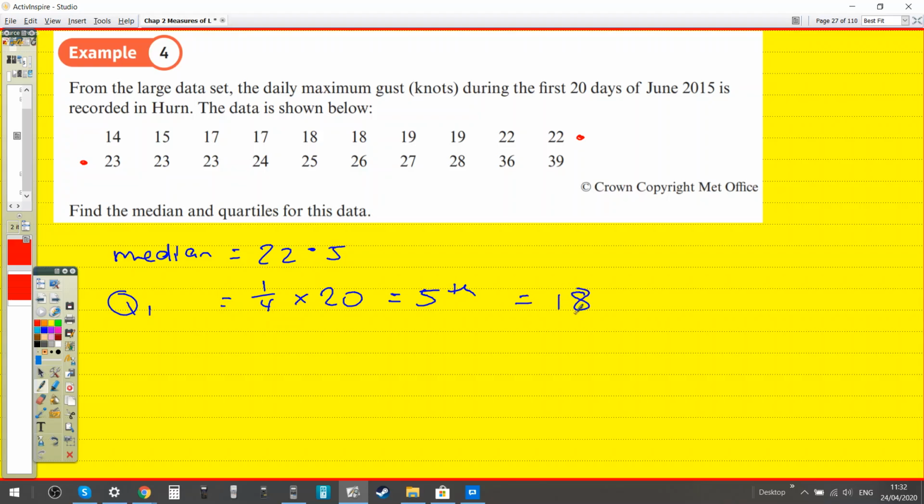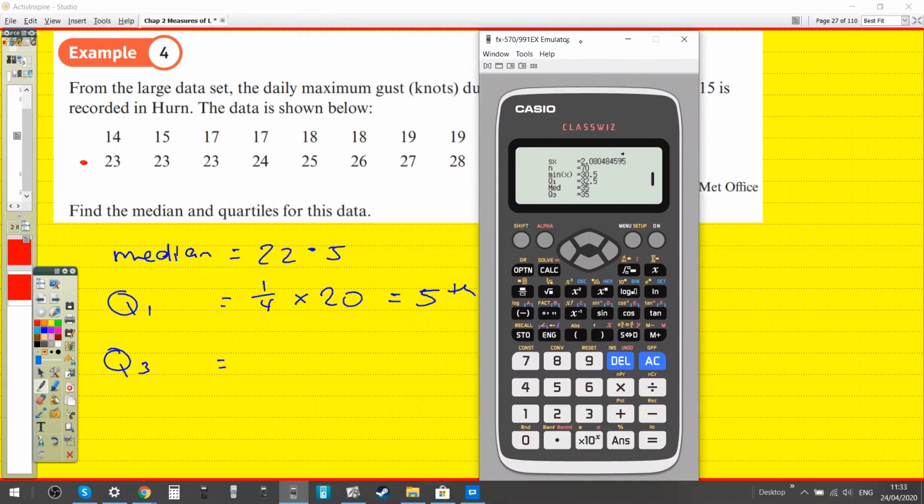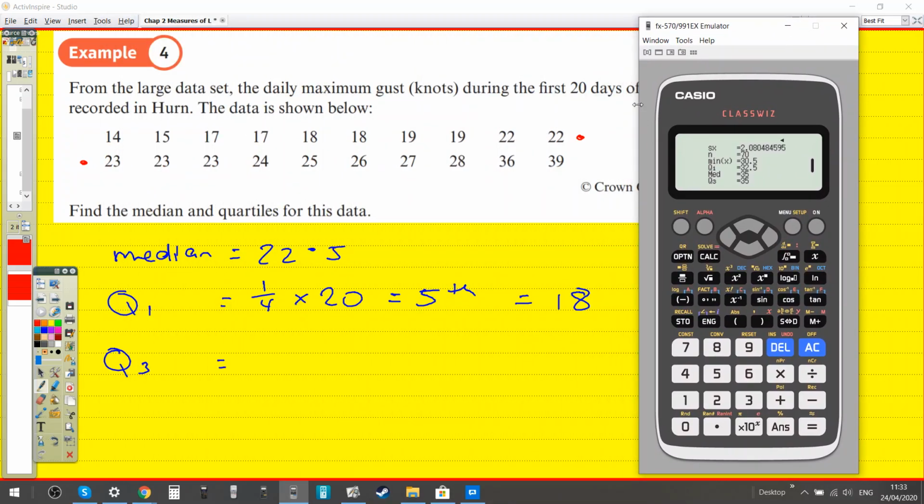And the upper quartile would be 3/4 of 20, which is 15. So it'll be the 15th value. Which one is that? 25.